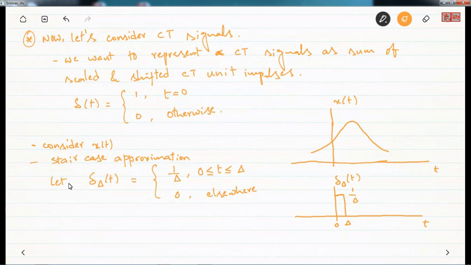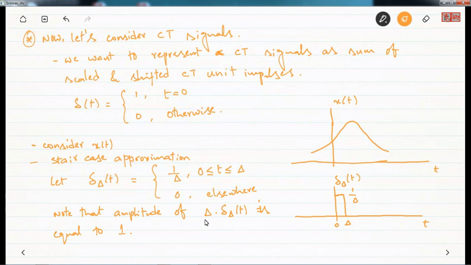Note that the amplitude of delta multiplied by delta of t is equal to 1, right? Its height is 1 over delta, and when I multiply that with delta, it becomes 1.